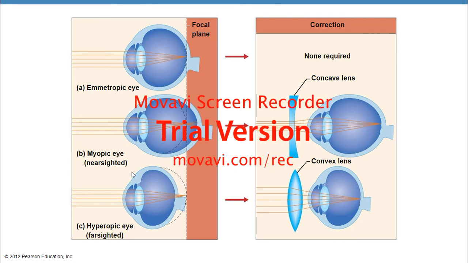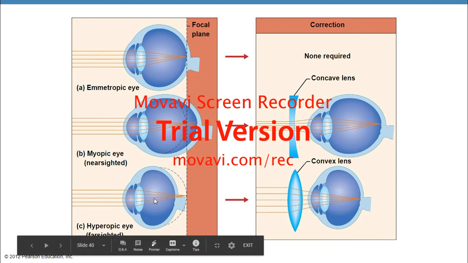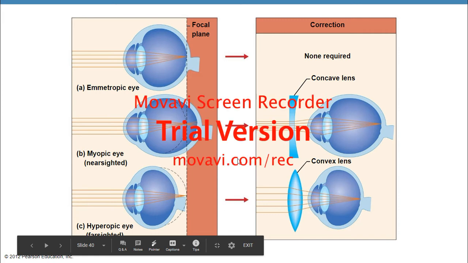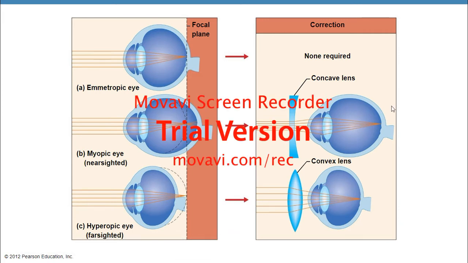And then you see the hyperopic eye. Okay, so the eyeball in this case is too short, and you see how the focal point is behind the retina, so it's not falling on the retina either. It's behind the retina. But you can correct nearsighted and farsighted with lenses.